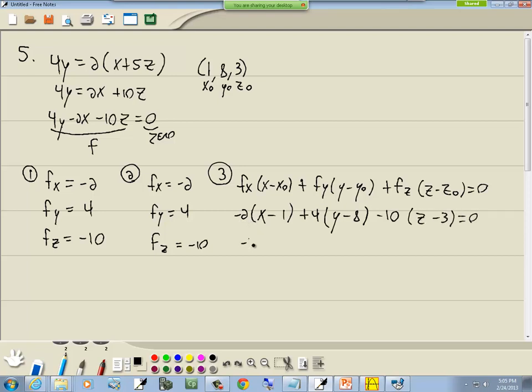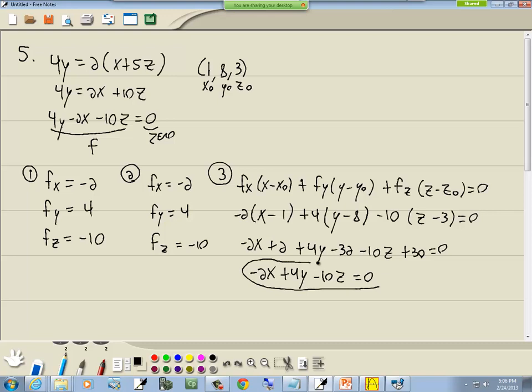Negative 2 times x is negative 2x. Negative 2 times negative 1 is a positive 2. 4 times y is 4y. 4 times negative 8 is negative 32. Negative 10 times z is negative 10z. Negative 10 times negative 3 is a positive 30. So we'll have negative 2x plus 4y minus 10z. 2 minus 32 is negative 30, plus 30 cancels, so there's no numbers left at all.